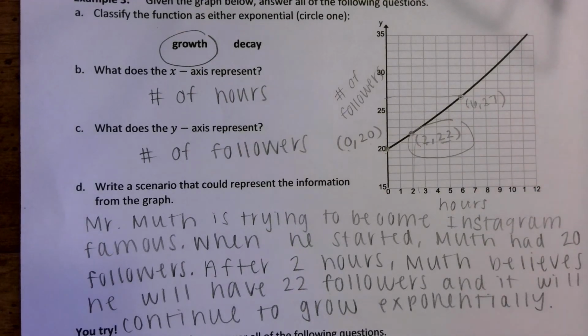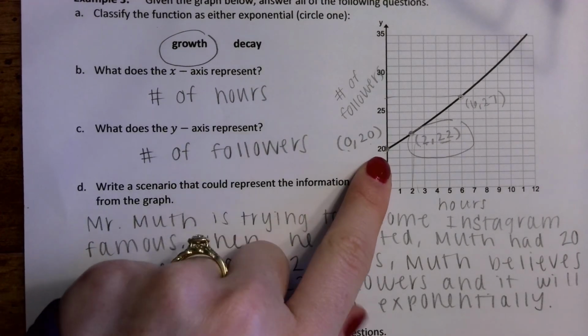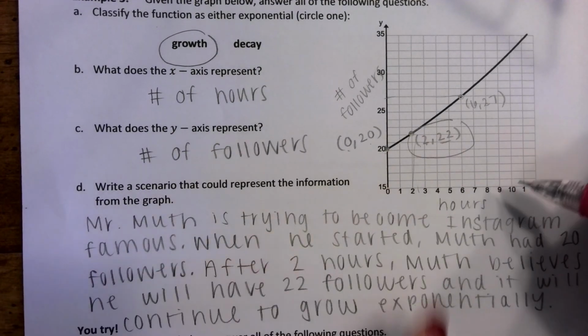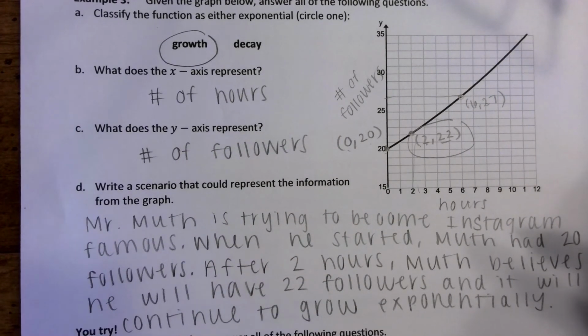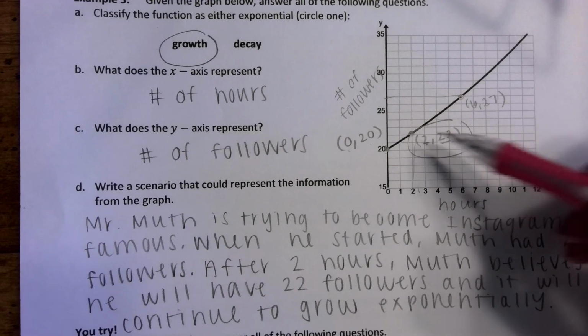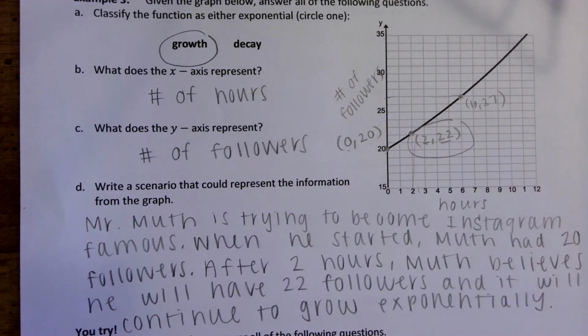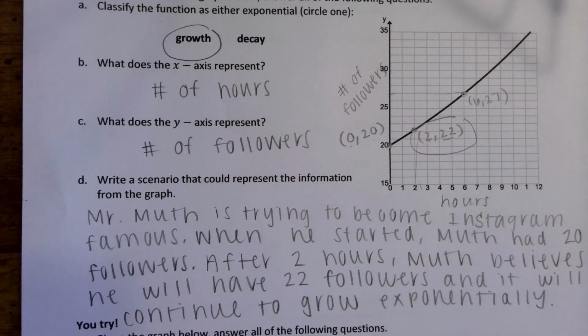You could talk about opening some kind of bank account. So maybe you open a bank account and you put $20 in there. And every year that passes, you are going to earn money on that bank account. You're going to earn interest. So your value would be increasing. There's tons and tons of different things that you could write for these real world problems.